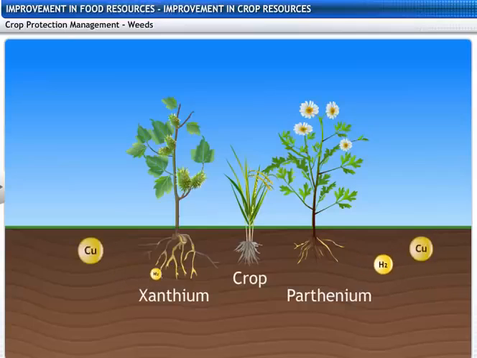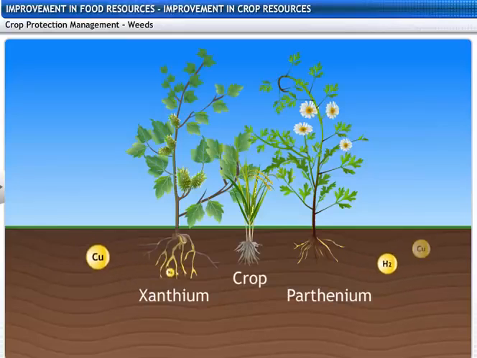Weeds like xanthium, parthenium, and Cyperus rotundus are unwanted plants in the crop field. They compete with the crop plants for food, space, and light, and finally reduce crop growth.